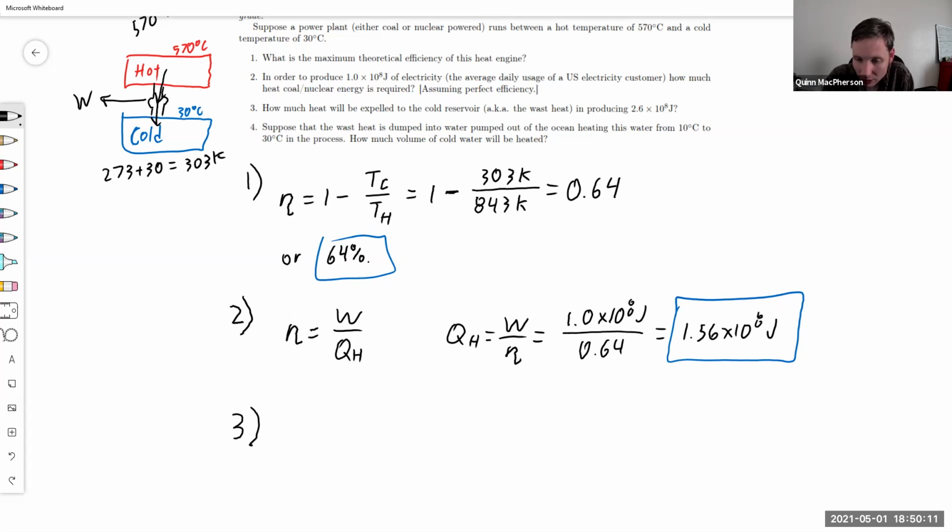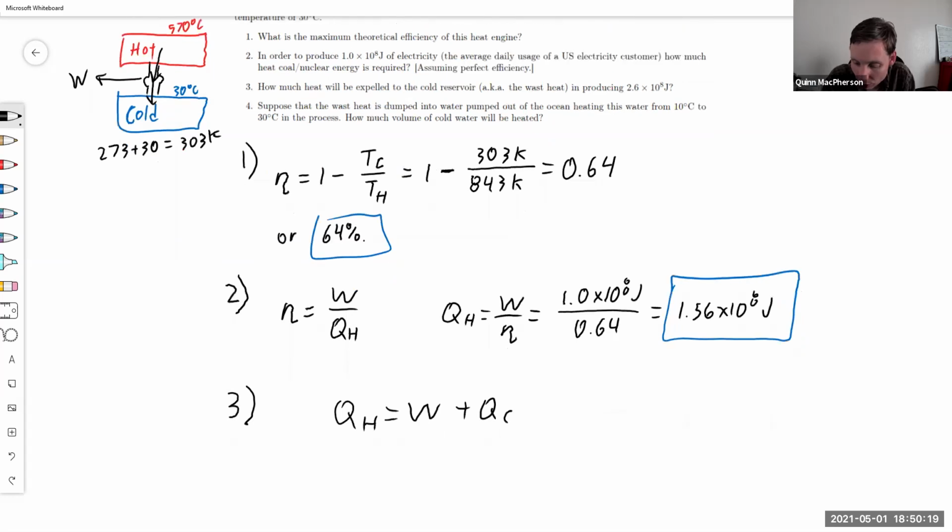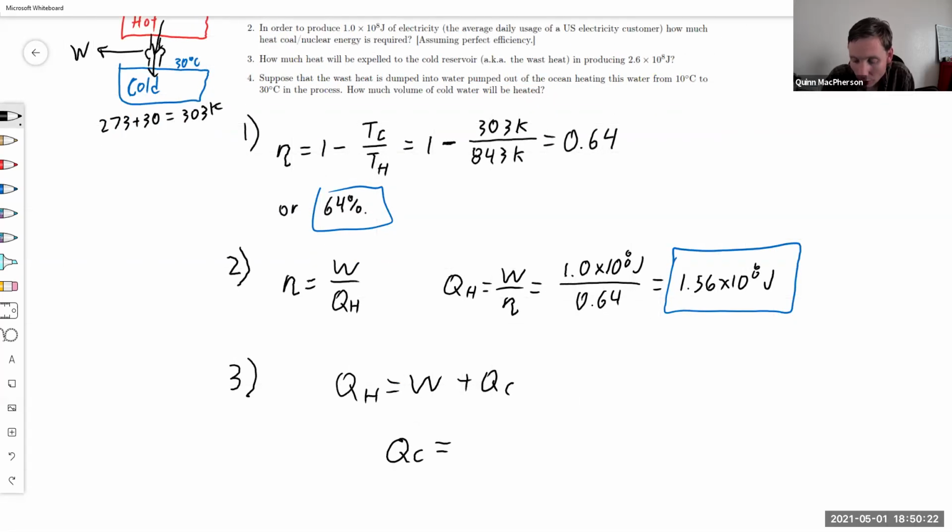So we can write Q hot equals work plus Q cold. We're looking for Q cold, the waste heat that ends up going to the cold end. Q cold is equal to Q hot minus work.